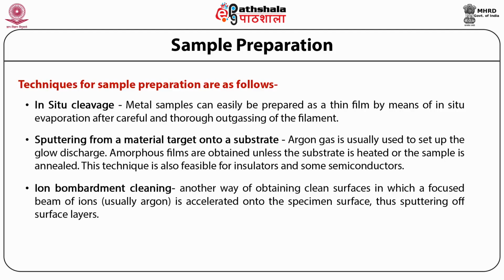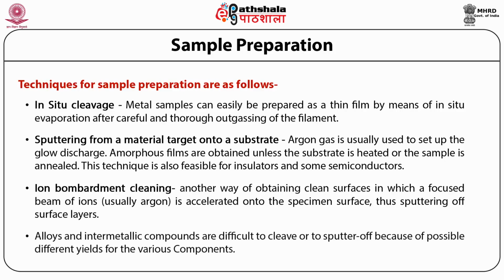This method results in amorphous surfaces containing argon atoms, which tend to get embedded into the surface. Therefore, annealing is needed. Alloys and intermetallic compounds are difficult to cleave or to sputter off because of possibly different yields for the various components.